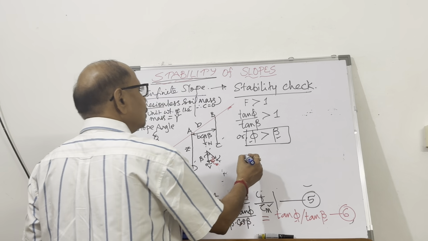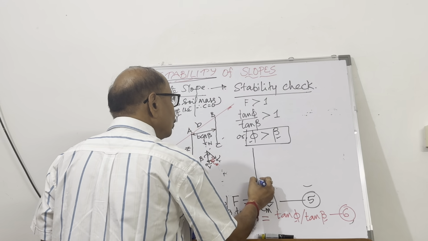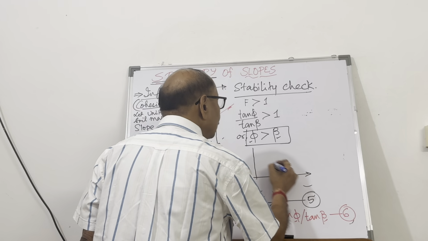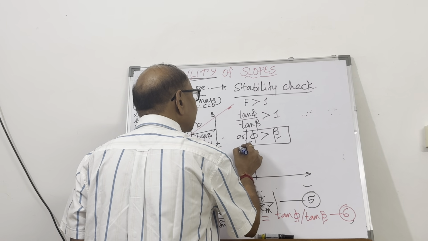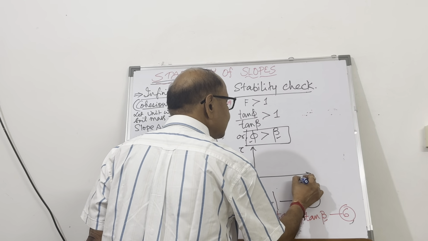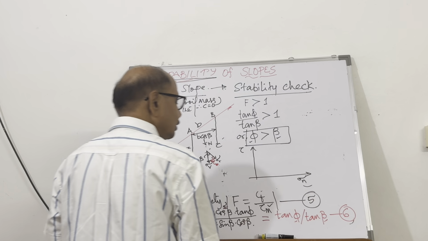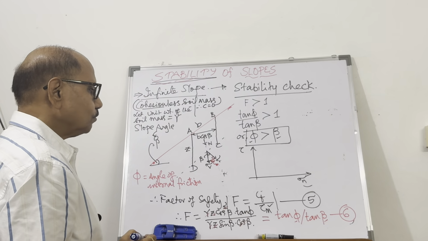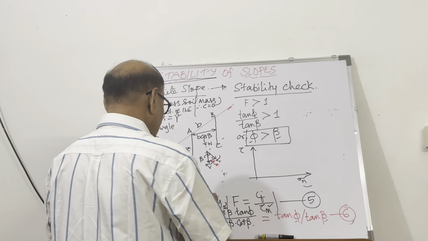So if you plot here tau versus sigma n plot, C is 0.